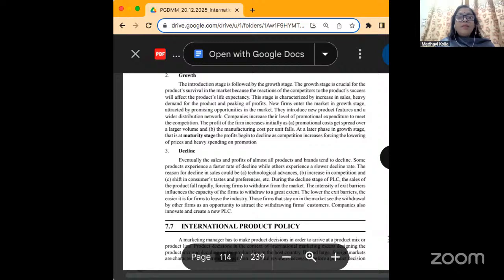New firms enter the market in the growth stage. They're attracted by promising opportunities in the market. They introduce new product features and a wider distribution network. Companies increase the level of promotional expenditure to meet the competition. So the profit of the firm initially increases as promotional costs get spread over a larger volume of sales of the product, and also the manufacturing cost per unit falls.